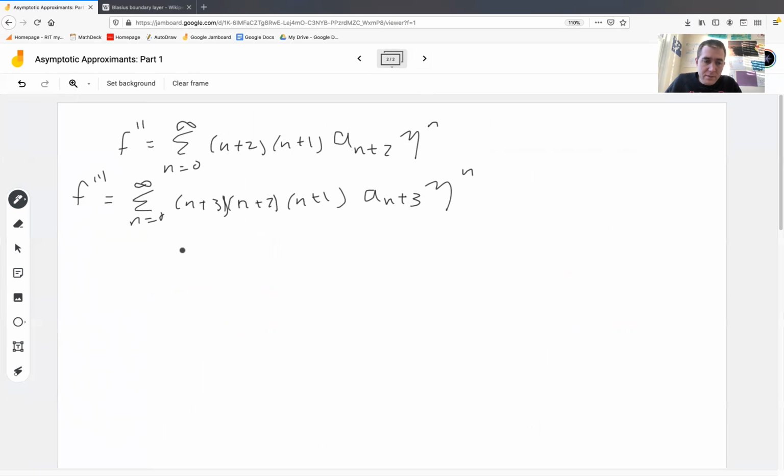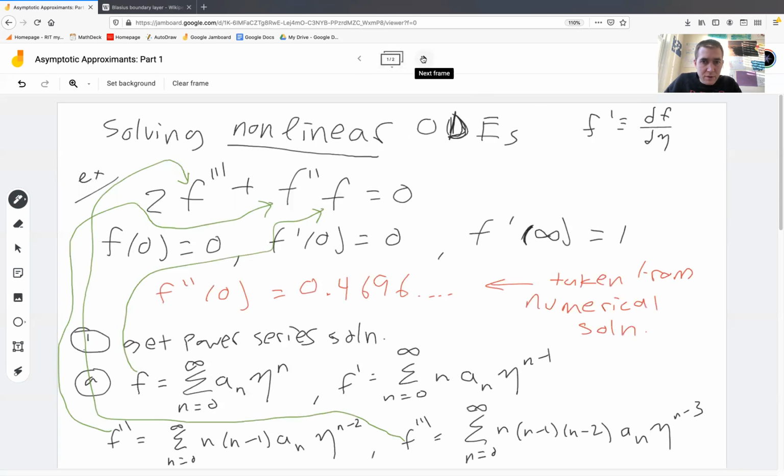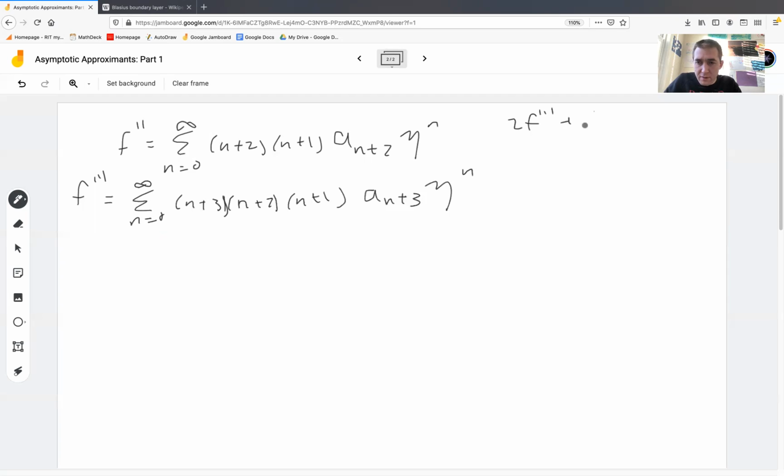Okay. So we put these into the differential equation, which I'm just going to remind myself, right? This was 2 f triple prime plus f double prime f equals 0. And you might be saying, this isn't a new method.